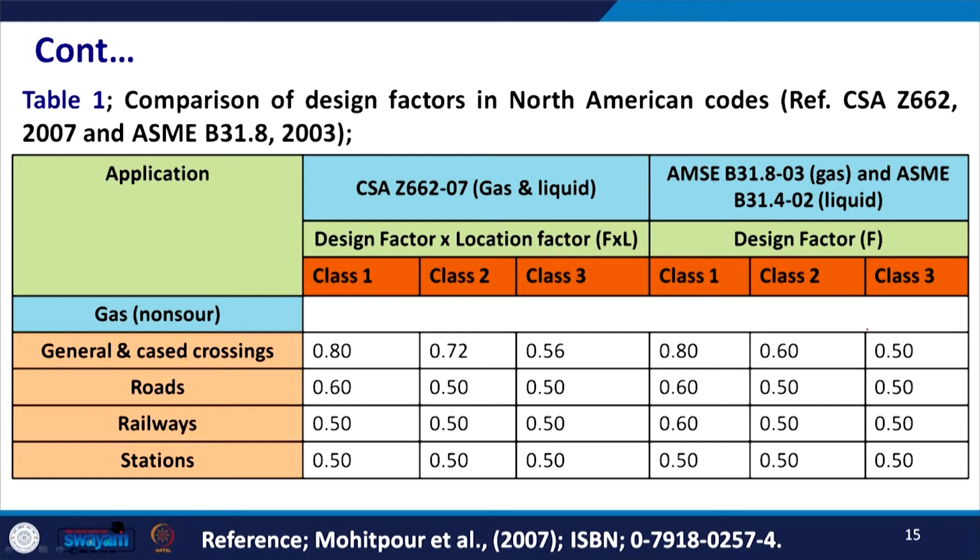For railways, in CSA it is 0.50 for all three classes, and 0.60, 0.50 and 0.50 respectively under ASME. For stations, it is uniform across all three classes in CSA, and under ASME it is again uniform at 0.50 in all three classes.